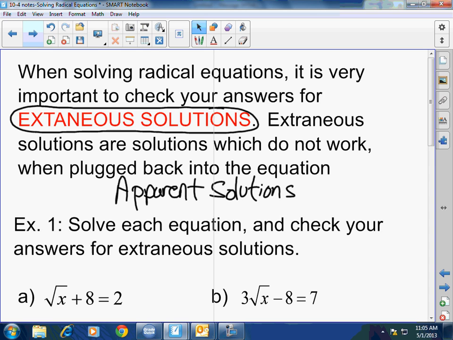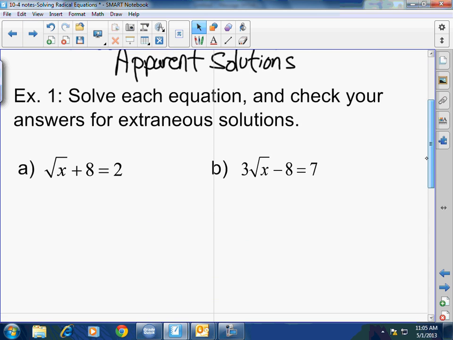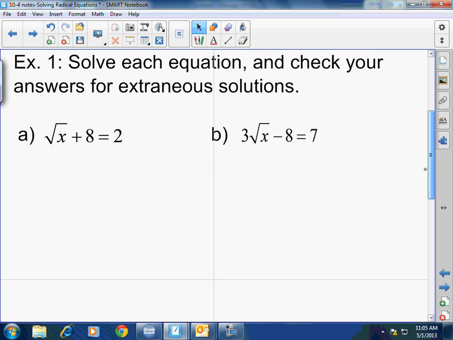For example, let's start solving. Solve each equation and check your answers for extraneous solutions. Using our skills of equations, what are we going to do here to get that x alone? We're going to follow the order of operations for solving equations.